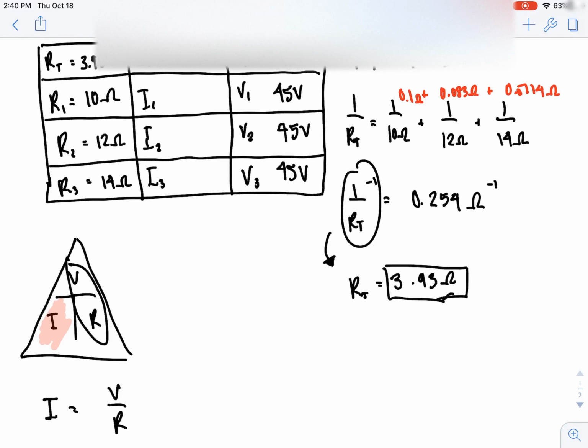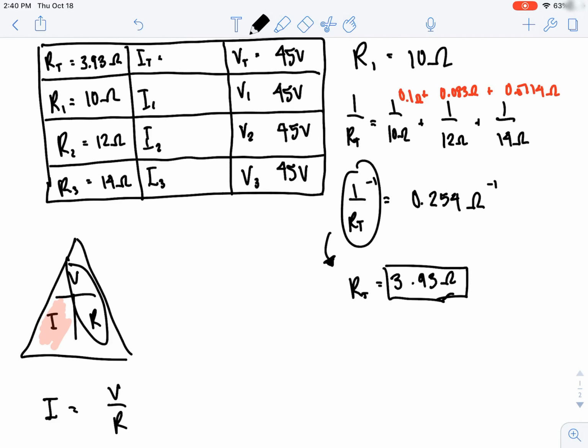I take voltage, which is 45, and I divide that by my resistance, which is 3.93, and I get 11.45 amps. Let me go ahead and do that with the second one, which is R1 and V1. I take the voltage, which is 45 volts, and I divide that by 10 ohms, which is equal to my current. When I plug that in, I get 4.5 amps.